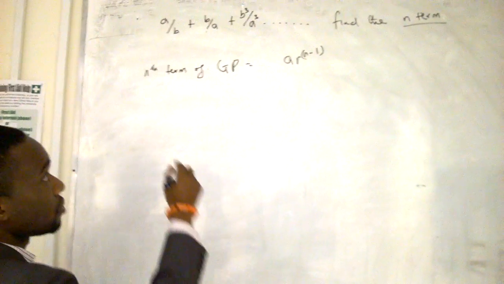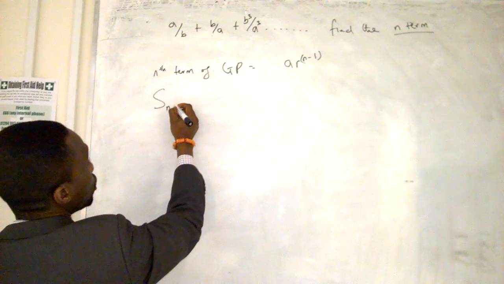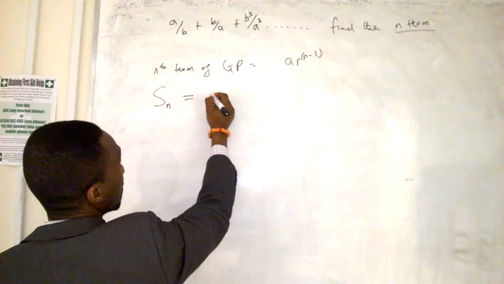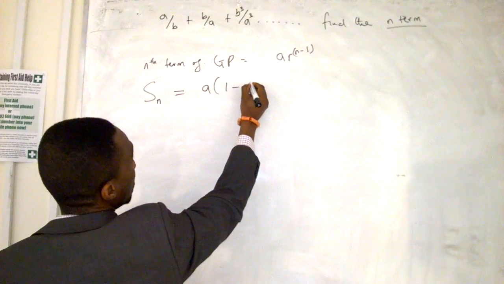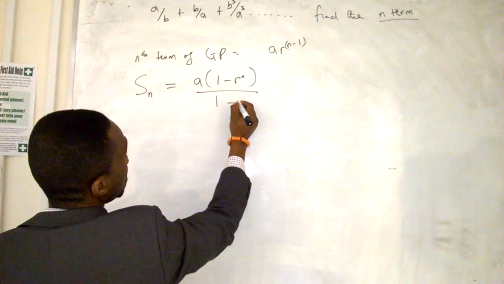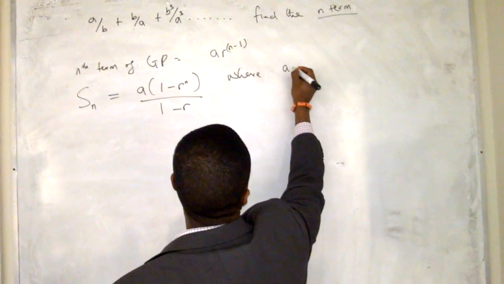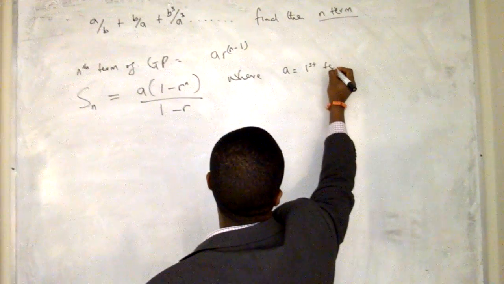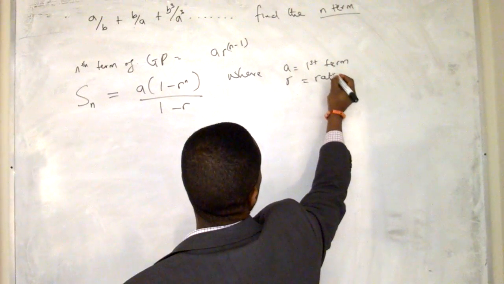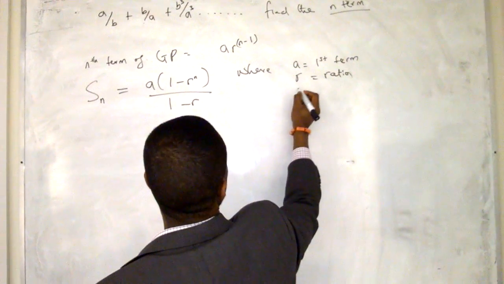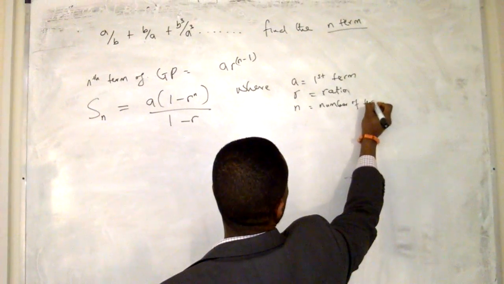And we also know that to find the sum of n terms, we have A into bracket 1 minus R^n over 1 minus R, where A is the first term, R is the ratio, and N is the number of terms.